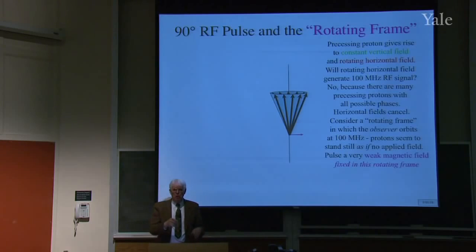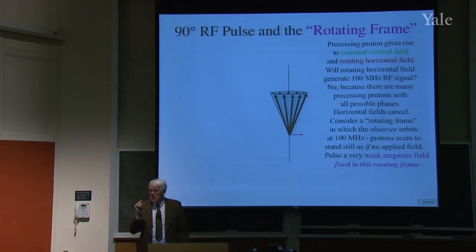Okay, so what will those protons do as we look at them? They'll precess around that field, right? You see what I'm saying? From our point of view, there'll just be this one weak little magnetic field, and it'll appear in a constant position relative to us because we're whipping around so fast.